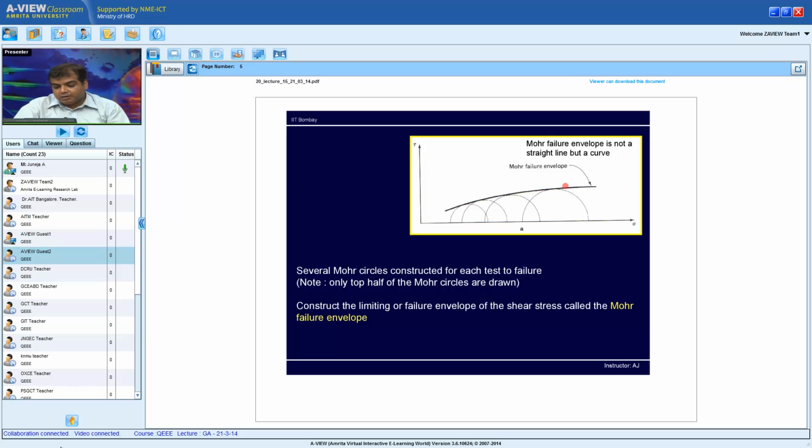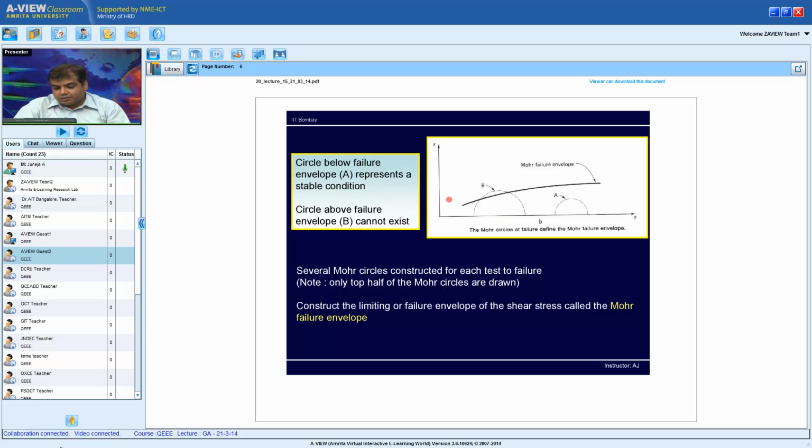If I have another combination of sigma 1 and sigma 3, I have the same failure plane at the same angle, and this combination gives me another Mohr circle which is at failure. Likewise, I can have various Mohr circles, and the envelope that touches all of them at one single point is a curved envelope, and it is called the Mohr failure envelope.